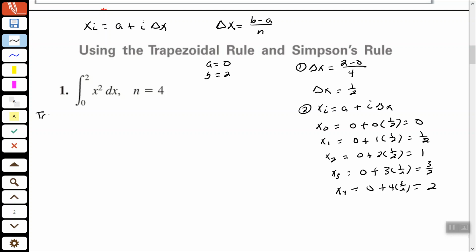So we'll start off with the trapezoidal rule, and make sure you pull up your trapezoidal rule there. From 0 to 2 of x squared dx is going to be equal to b minus a, so 2 minus 0, over 2 times n, so 2 times 4, using the trapezoidal rule, times f of x sub 0. f of x is our function, x squared.